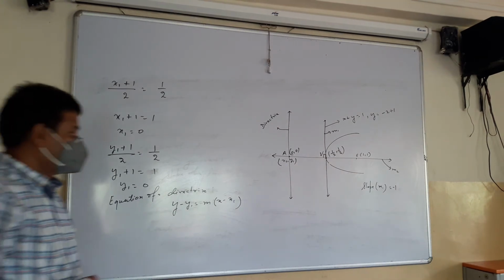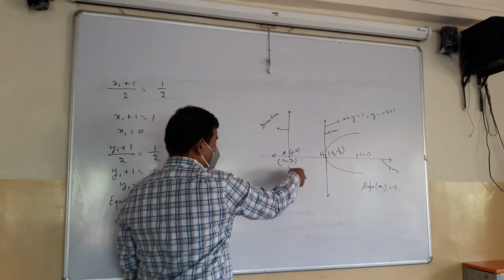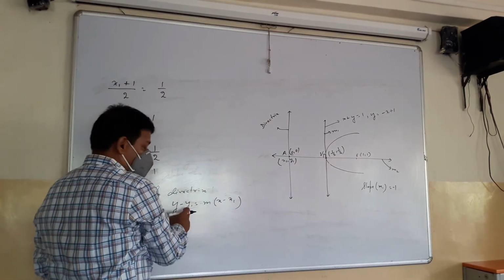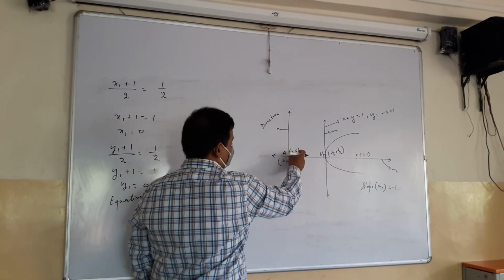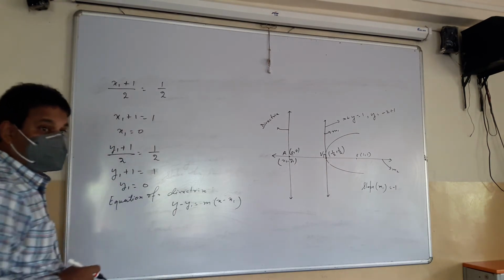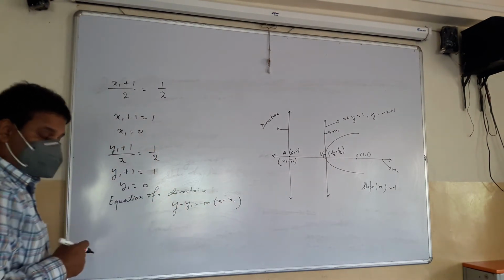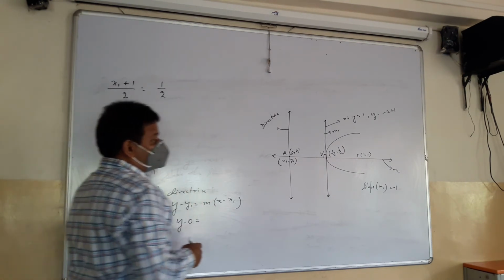Here the directrix is passing through the origin, so x1 is 0 and y1 is 0. So y minus 0 equals m.